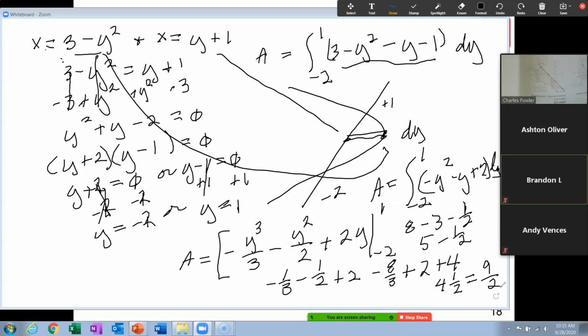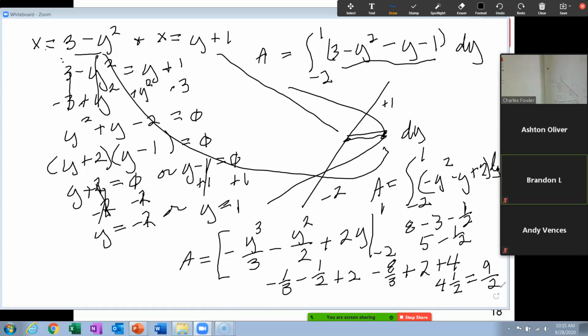Now, they said, what if you had done the dx's? Look how bad that would have been. To the right of that point, 2, 1, where is it? I had it, there it is. To the right of that, you have to go from the lower lobe of the parabola to the upper lobe of the parabola, okay?